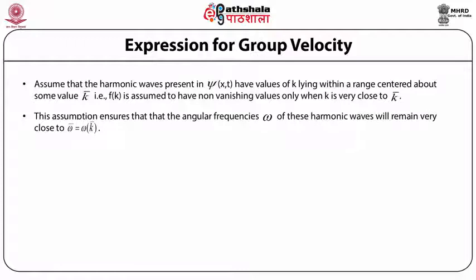Here, k bar is some kind of an average of the wave vectors or the wave numbers being considered, while omega bar is some kind of an average or a center for the spread.